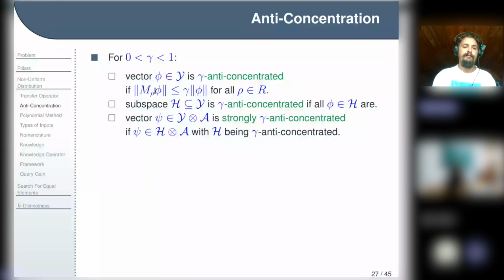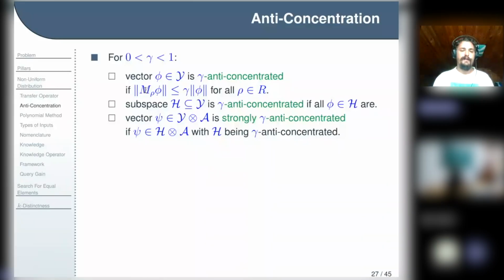Where you call this m rho, that was the projection over all the input strings for which rho is the correct output. So I'm taking my long vector phi, and I'm taking the subvector of it which corresponds to the inputs for which rho is the correct output, and I'm claiming that it's gamma anti-concentrated if I'm taking this subvector for any rho which is a response of the algorithm.